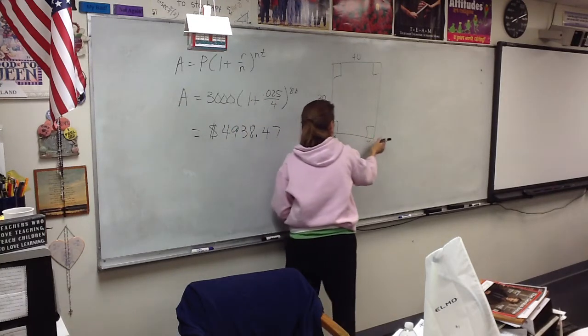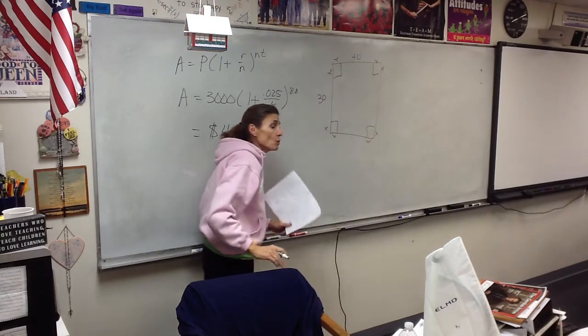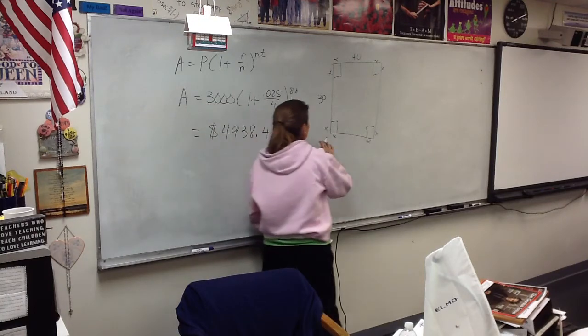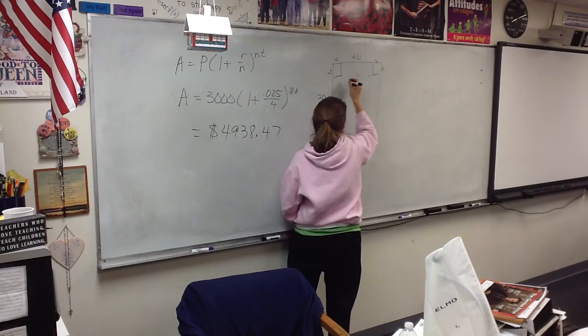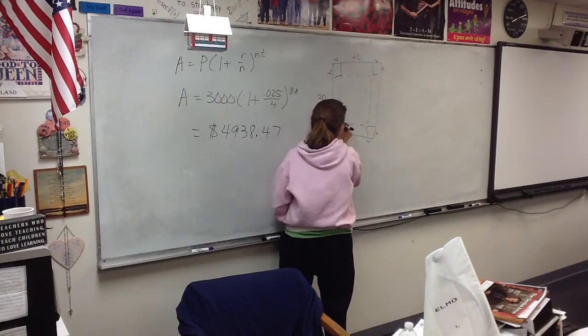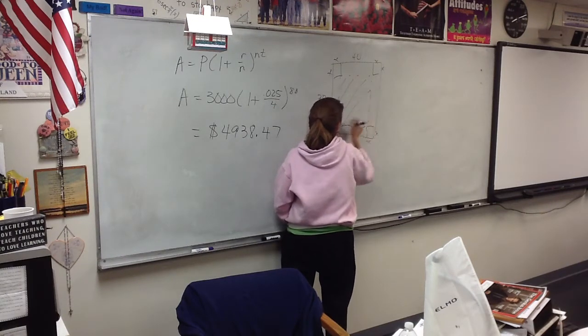Now, these little corners are x. When I fold up the flaps, these are going to be cut out. They're going to be gone. So these are the flaps right here, right? How wide is this right here? This is actually the bottom of the box now.